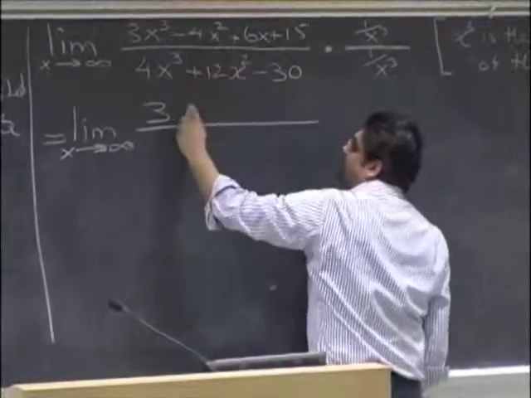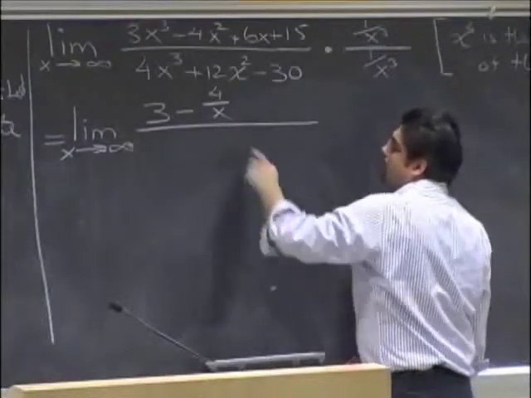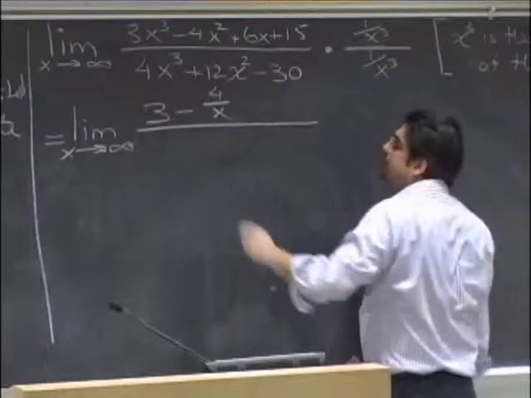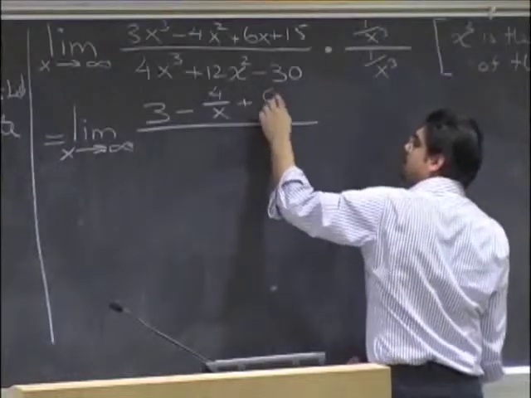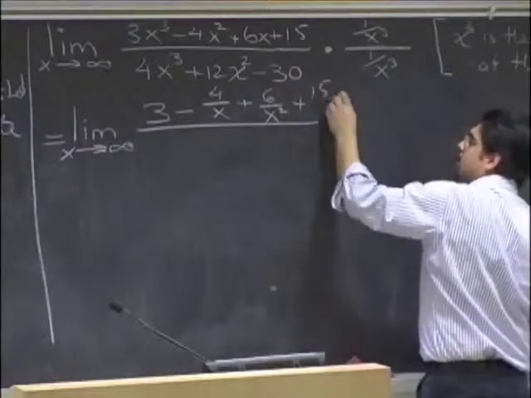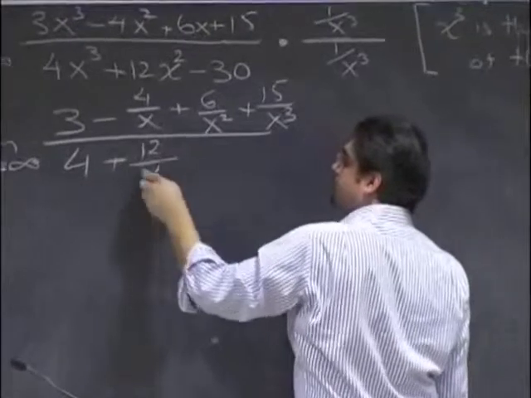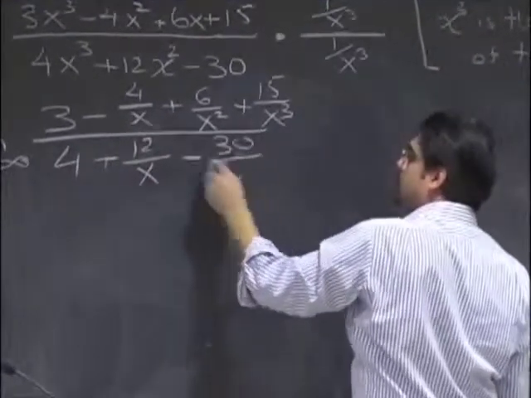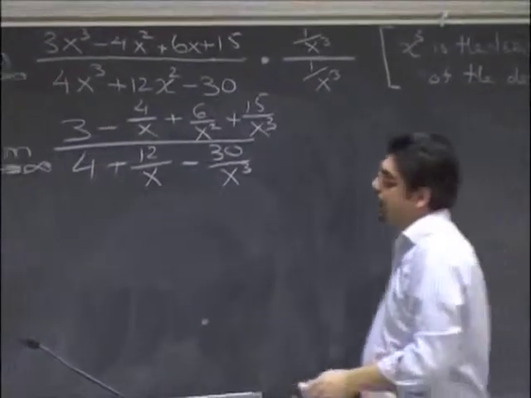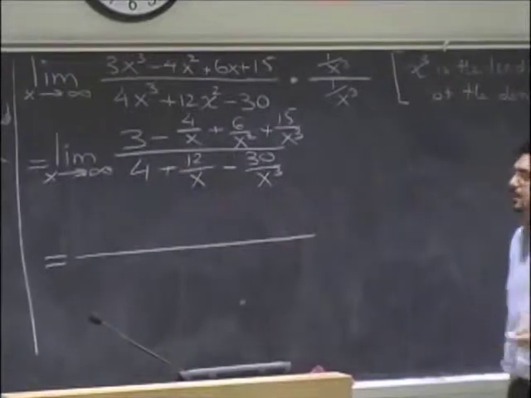Over here we have minus 4 over x. That's good because that's just 4 times 1 over x, and I know the limit of 1 over x. Plus 6 over x squared. Well, we'll talk about that in a second. 15 over x cubed, etc. Now, we're going to do a couple of steps in one.